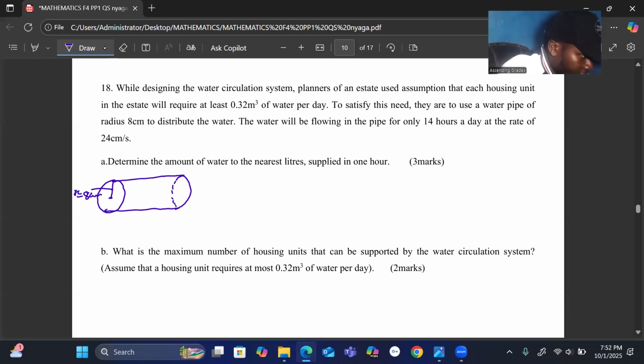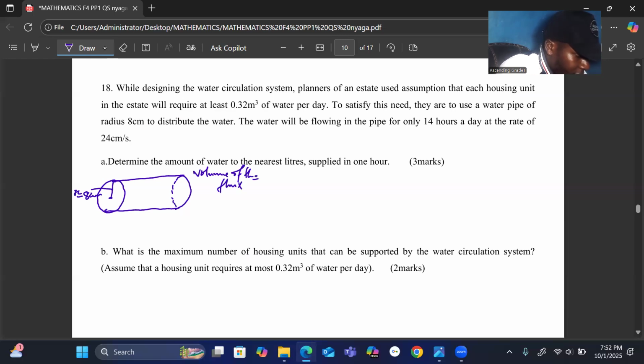Now we are supposed, first of all, to look for the volume of the flux. So look for the volume of the flux.